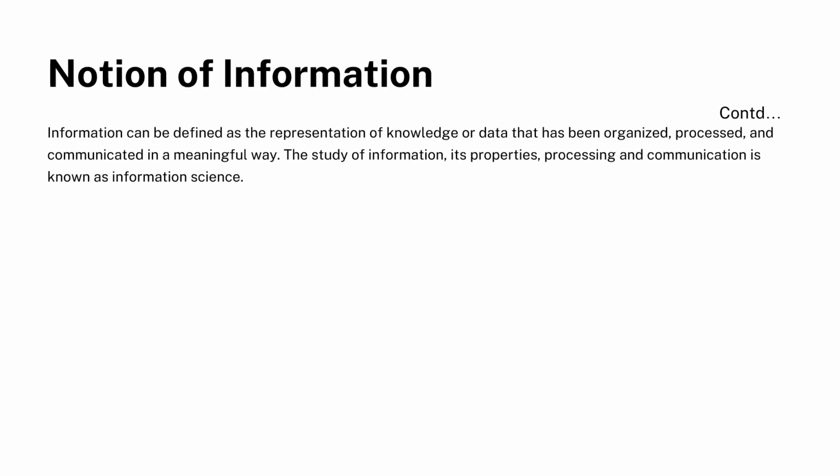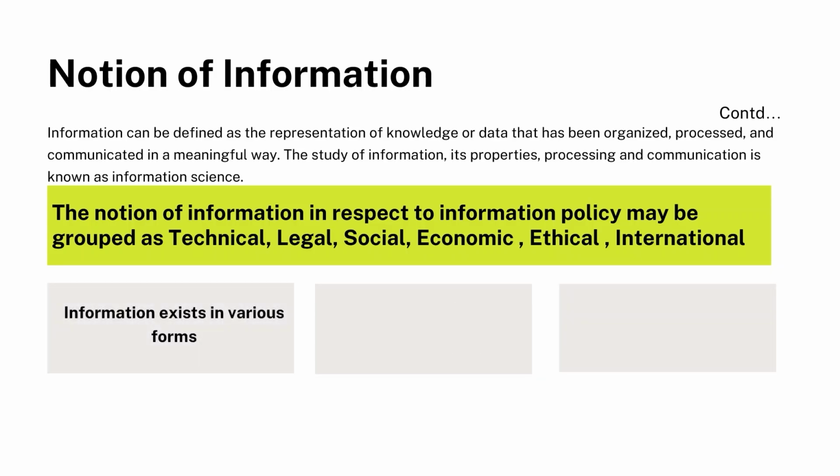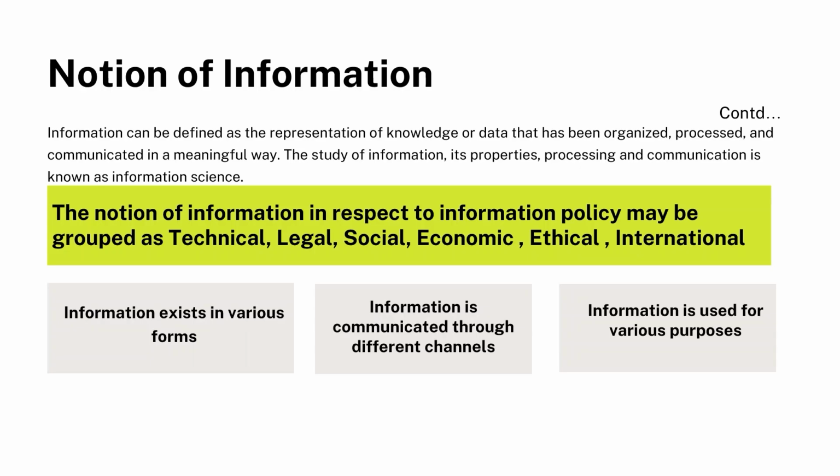It can exist in various forms such as text, images, sounds, and videos, and can be communicated through different channels such as books, the internet, and spoken languages. Information is used for various purposes such as to educate, inform, entertain, persuade, and communicate ideas. It can also be used for decision making, problem solving, and research.